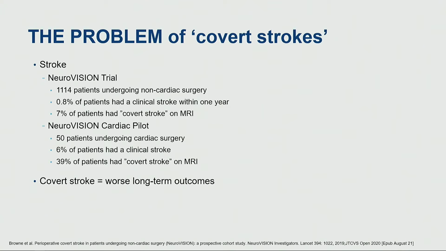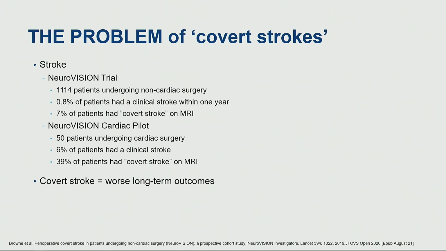Finally, I also want to talk a little bit about the problem of covert strokes. So there are obviously the clinically manifested overt strokes where we see the clinical manifestations, and we try to do what we can for our patients. But the NeuroVISION trial, done in both non-cardiac surgery and cardiac surgery, and specifically I'll touch on cardiac surgery, has shown in that small trial so far, 50 patients in cardiac surgery, about 40% of them had covert strokes detected on MRI.